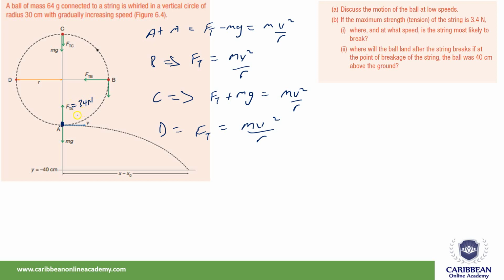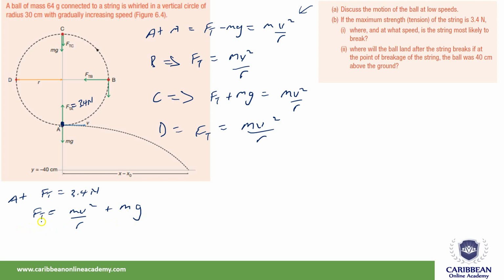The equation we must consider to find the speed is the one at point A. So at A, Ft is equal to 3.4 newtons, so Ft is equal to mv squared divided by r plus mg.